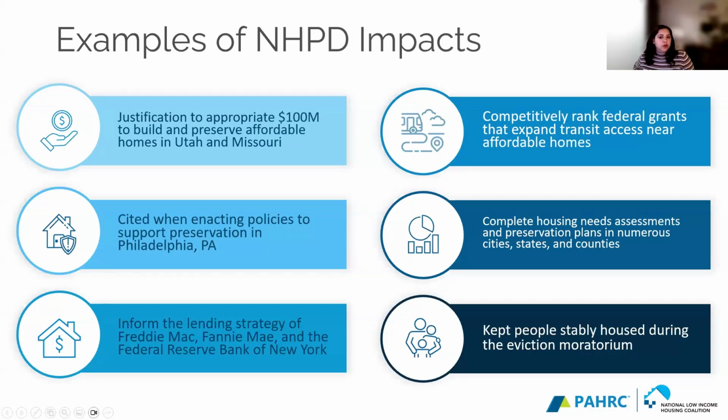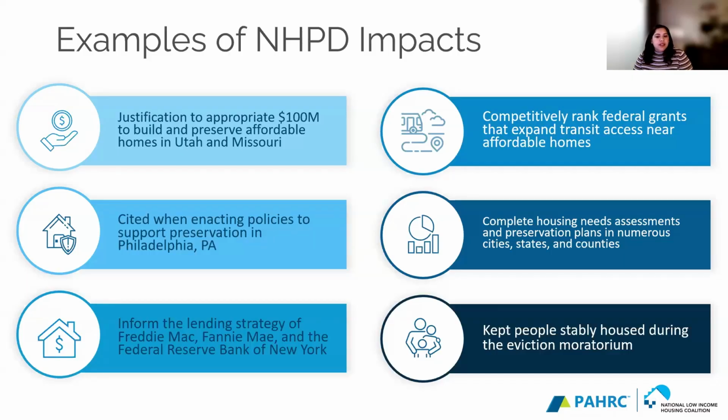And so here are some real-world examples of past ways the NHPD has been utilized and the impact it's had. It was used as justification for housing advocates and government officials to appropriate $100 million to build and preserve affordable homes in Utah and Missouri. It has been used by legal aid organizations to litigate on behalf of tenant rights and to keep tenants stably housed.